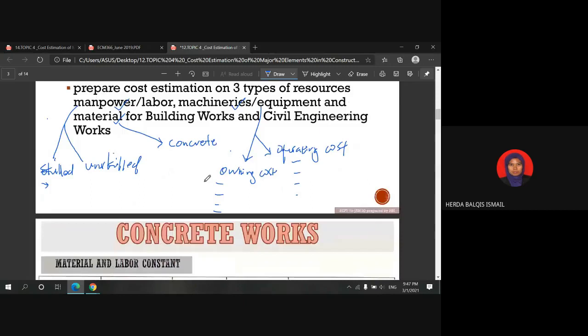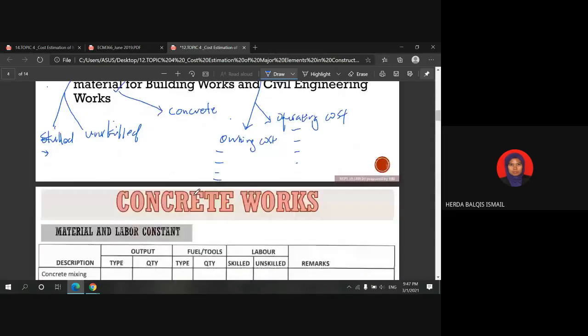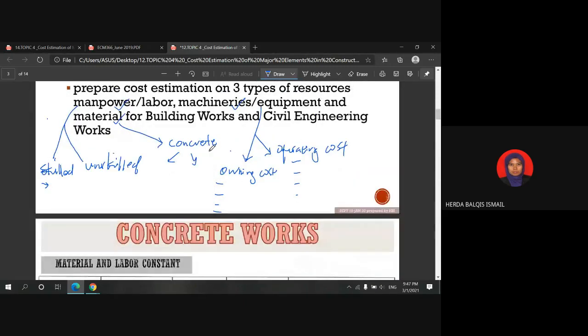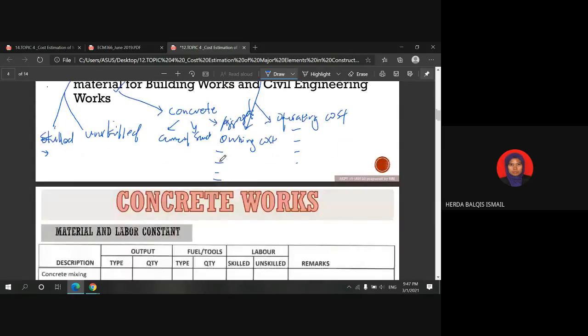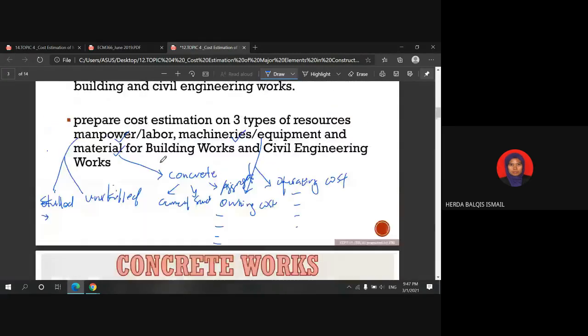Basically, concrete can be produced by mixing three main ingredients or materials, which are cement, sand, and also the aggregate. We will look in detail at this section on the following slide.